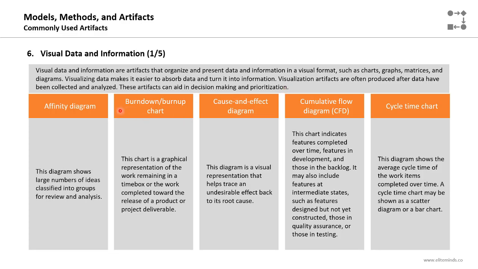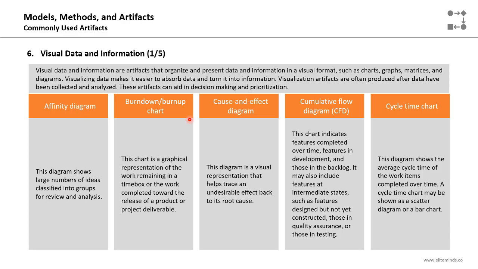Some of the commonly used ones include affinity diagramming, which shows a large number of ideas classified into groups for review and analysis. So affinity means similarity. If we want to present a large number of ideas, items, or risks classified into groups based on their similarities, we can use this visual data artifact.